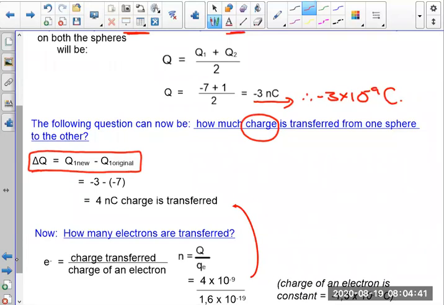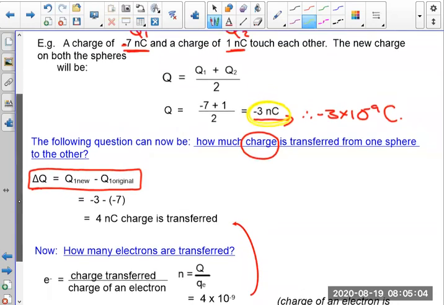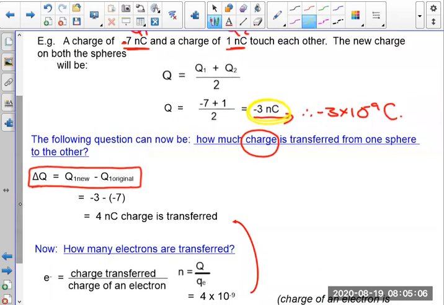You have to know what to do when two charges touch each other. The change in charge is the new charge, the charge we just worked out in the previous sum, so that's the minus 3 nanocoulomb, minus one of the two charges they originally gave us. I chose the minus 7. If you choose the 1, you will get the same answer.